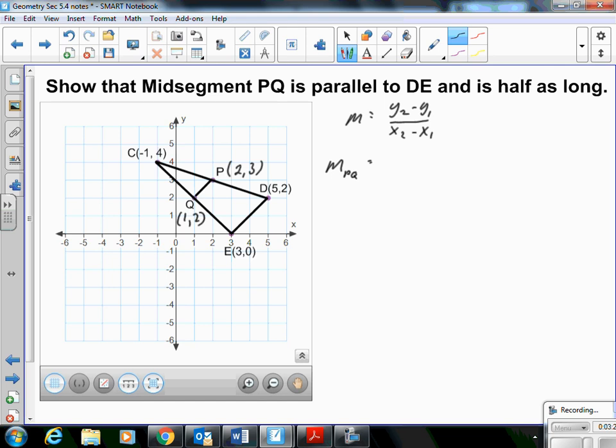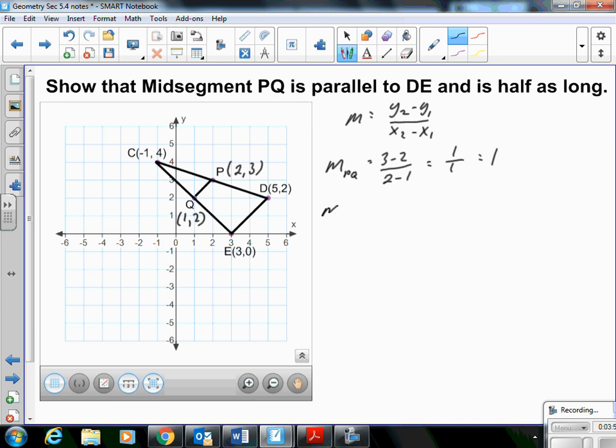So for our y's, it's going to be 3 minus 2 over our x's of 2 minus 1, which is 1 over 1, or simply 1. So a slope of 1 for PQ.